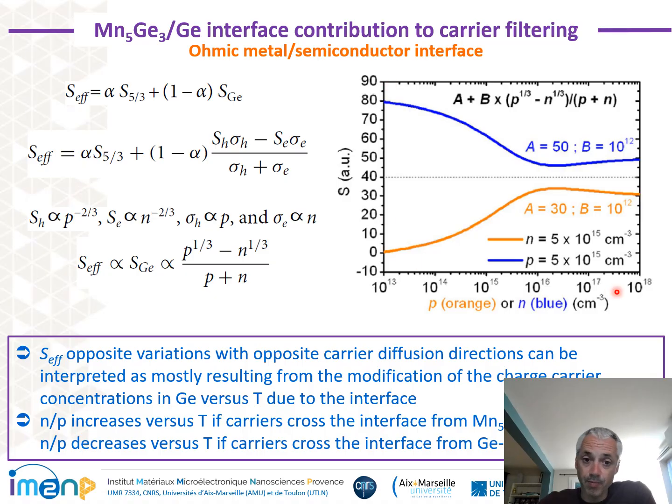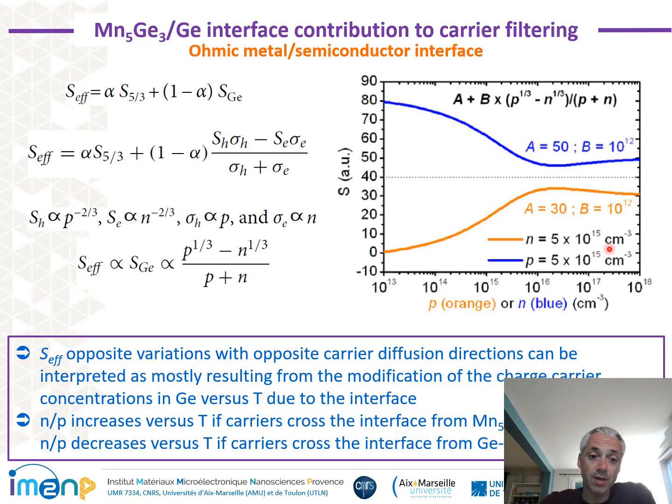And on this graphic, I plot this fraction, considering in blue that the concentration of holes is constant and we increase the concentration of electrons, and we have this type of shape. And in orange, when we consider that the concentration of electrons is constant and we increase the concentration of holes, and we have this.